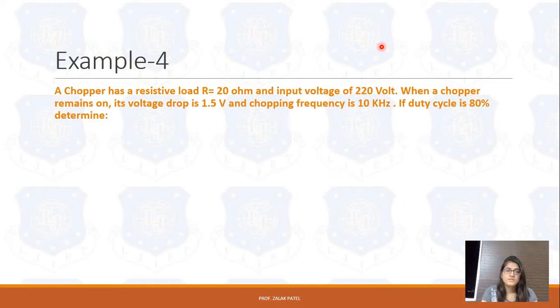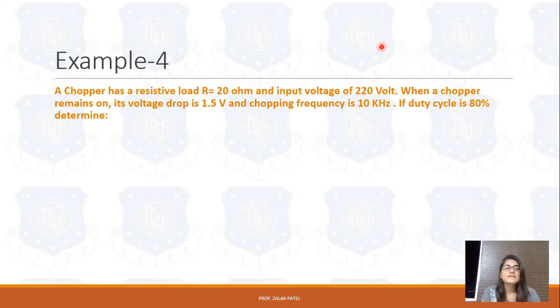Let's take another example for the step down chopper. This is the problem statement. A chopper has a resistive load R equal to 20 ohm and input voltage of 220 volt. When the chopper remains on, its voltage drop is 1.5 volt and chopping frequency is 10 kHz.